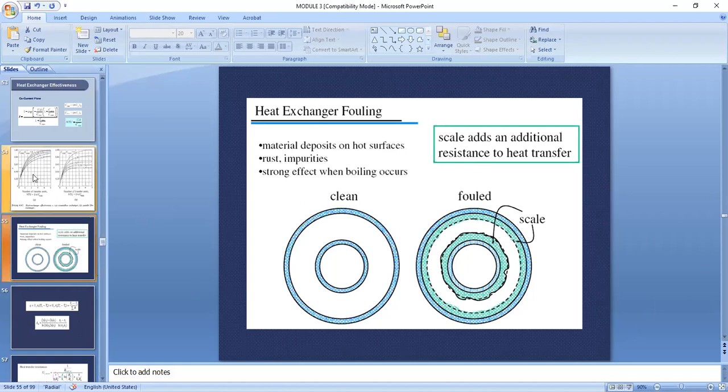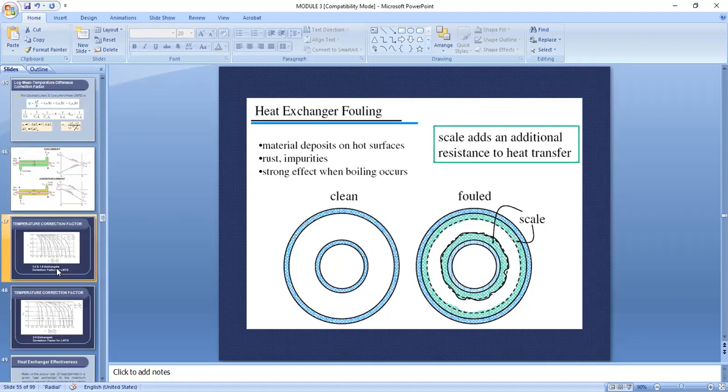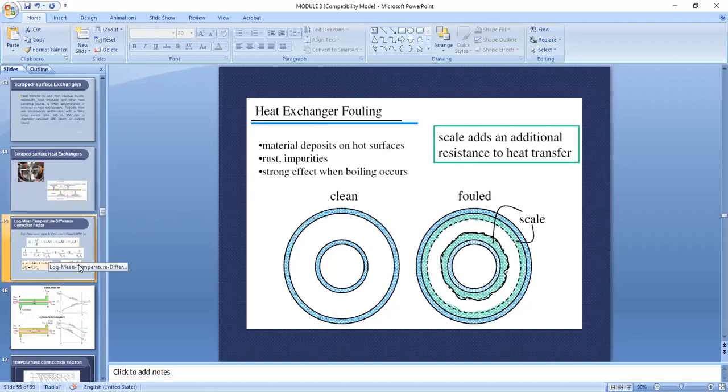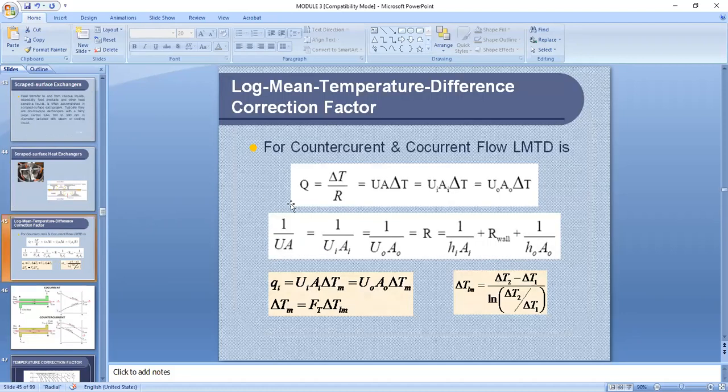Now I'd like to go back to the original formula that was shown to you, in which you are to use the resistances, because you're not given the overall heat transfer coefficients, but you're given outer and inside areas and heat transfer coefficients. So how are you going to add the fouling factors in here? Because this one does not account for the presence of fouling factors or substances.